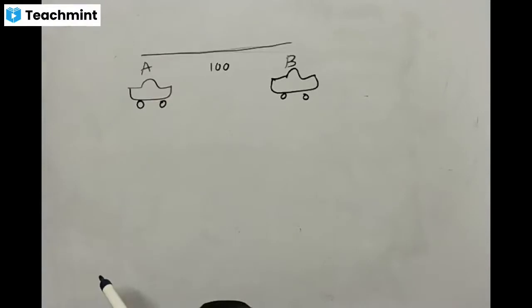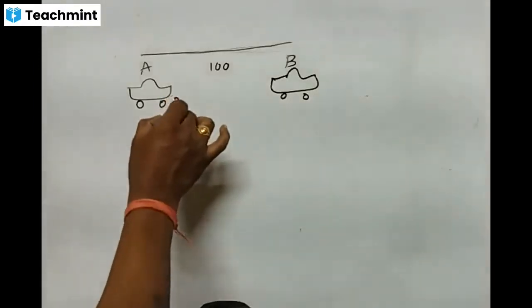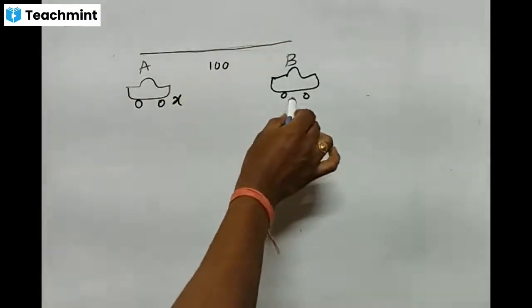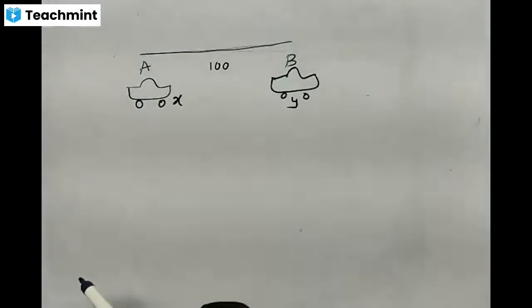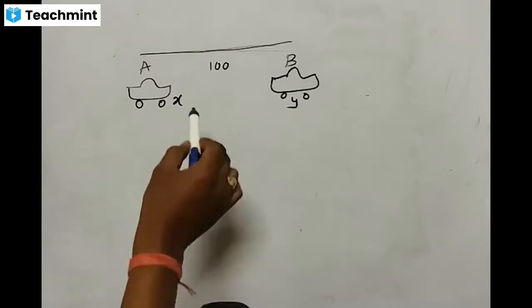A and B are 100 kilometers apart on a highway. One car starts from A and another car starts from B at the same time at different speeds. Let the speed of the first car be X, let the speed of the second car be Y. If the cars travel in the same direction, they meet in 5 hours.